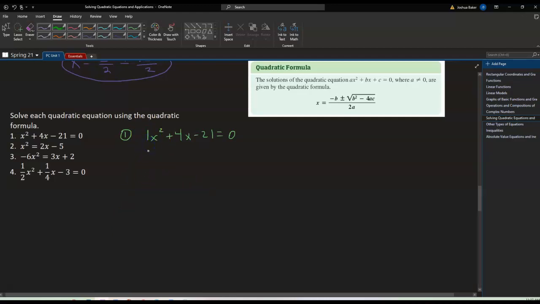So the coefficient here is a 1, so that means that the a value is a 1, the b value is a 4, and the c value is a negative 21.